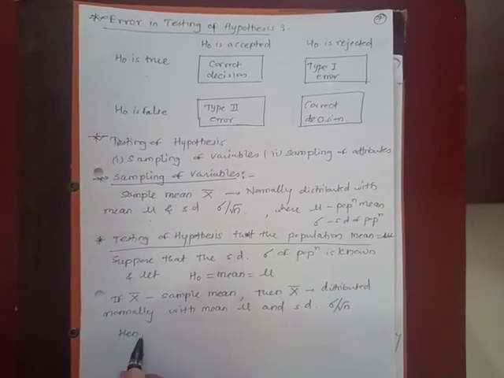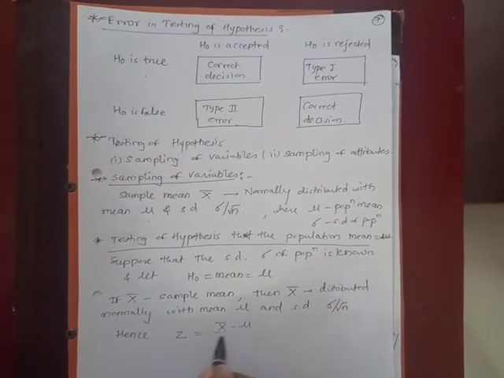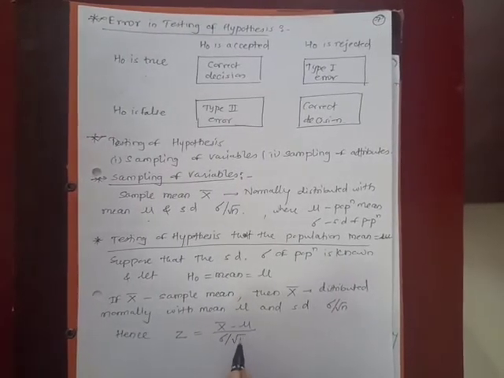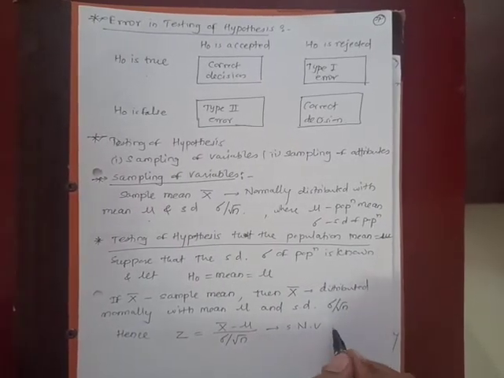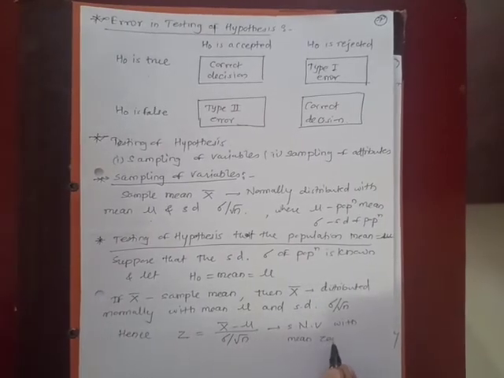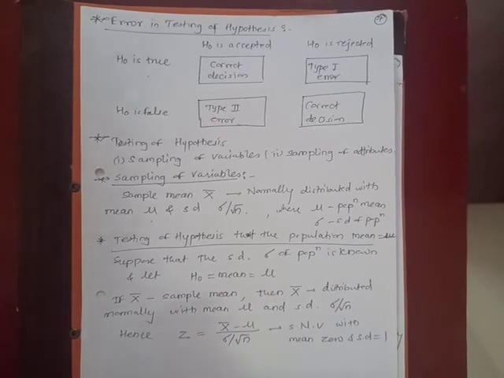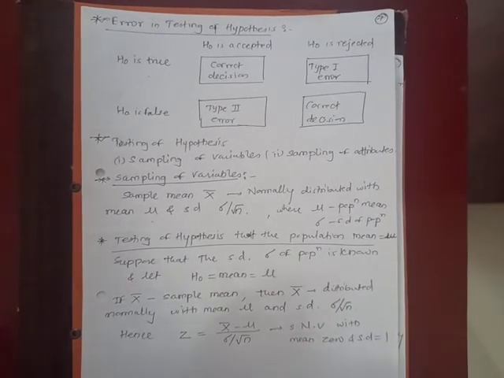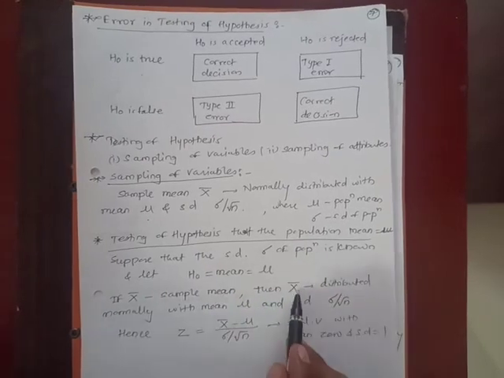Hence z given by x bar minus mu upon sigma upon square root n is a standard normal variate with mean 0 and standard deviation equal to 1. Now we take a sample and find the mean x bar.